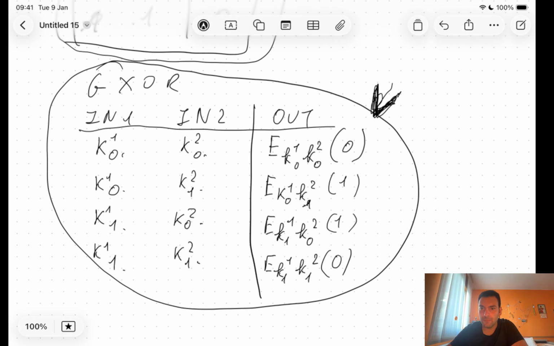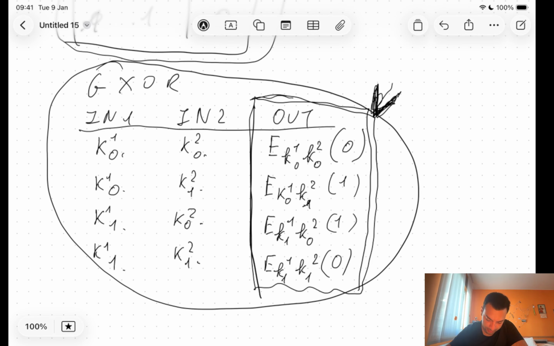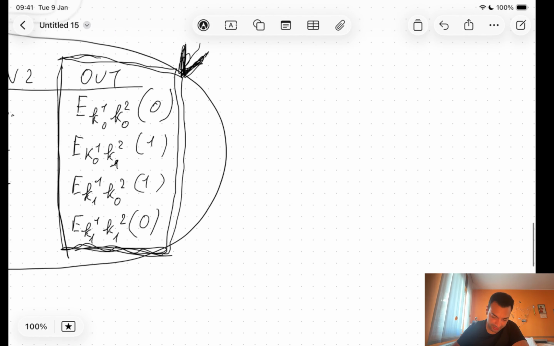So in practice, I do not give you the whole table. I give you only the output table. So you end up having this thing here.